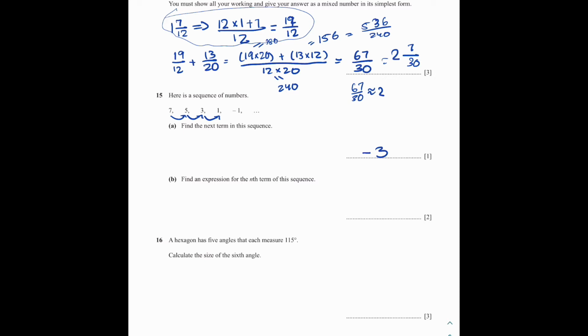Okay, so the nth term formula is an equals a1 plus n minus 1 times d, where d is the difference. a1 is 7, plus n minus 1 times the difference, which is -2.